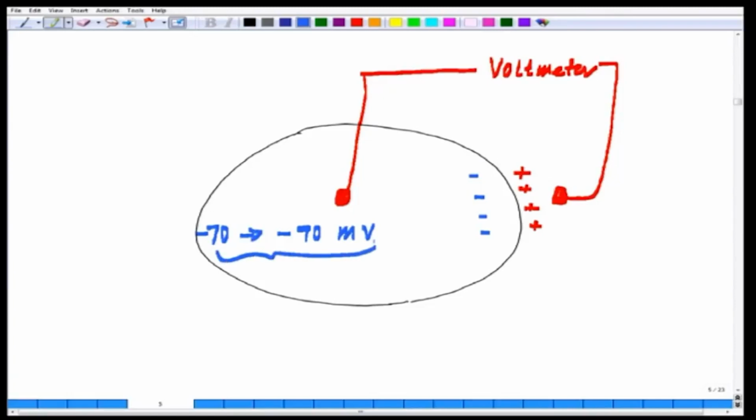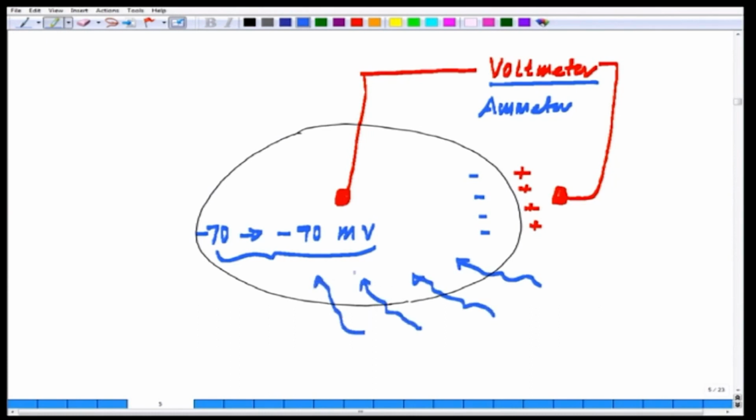Simple measurement. Second thing: if instead of a voltmeter you have an ammeter sitting there, then if there is a movement of sodium, you should be able to measure the current across it.